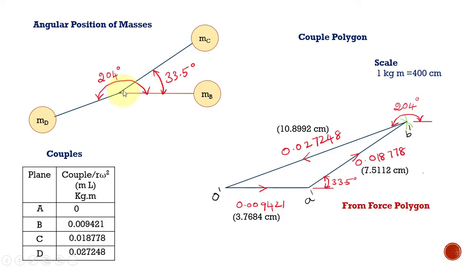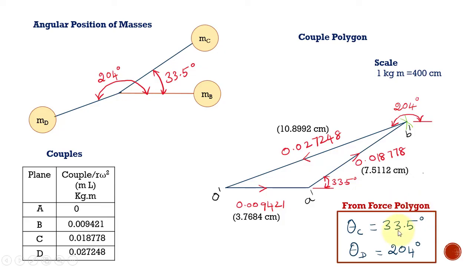The only one direction which remains unknown is A. That we will calculate by drawing the force polygon. Now let us see the outputs that we have just got from this couple polygon. We have got that theta C is 33.5 degree and theta D is 204 degree.